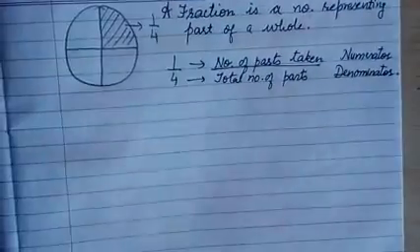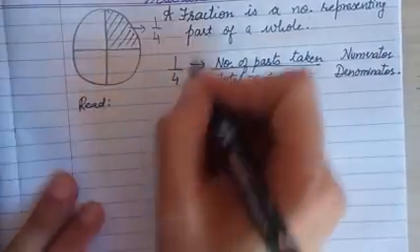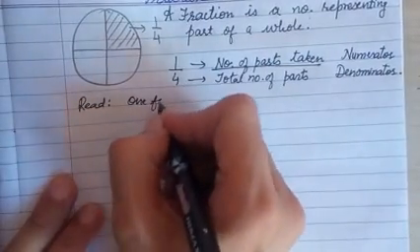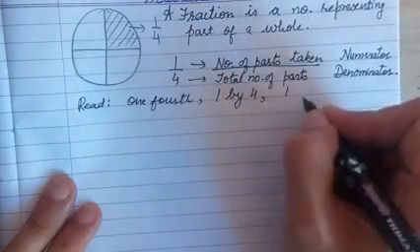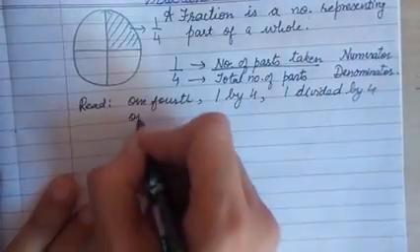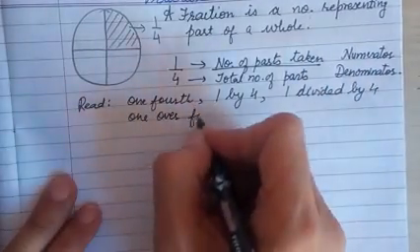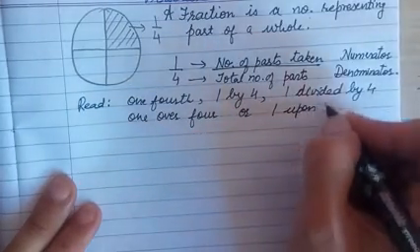Now how do we read this number? We can read this as 1/4, 1 divided by 4, or 1/4.